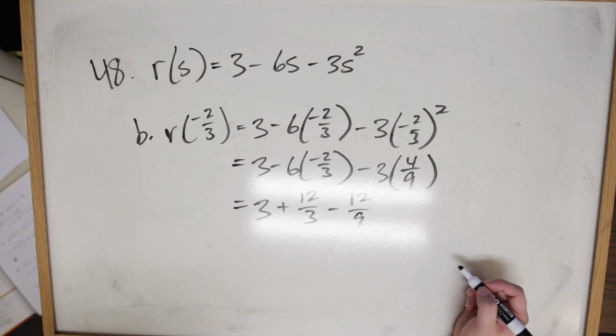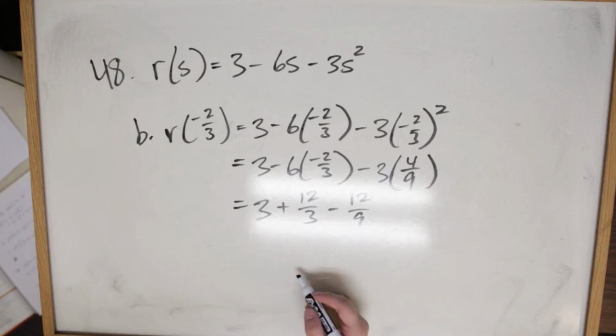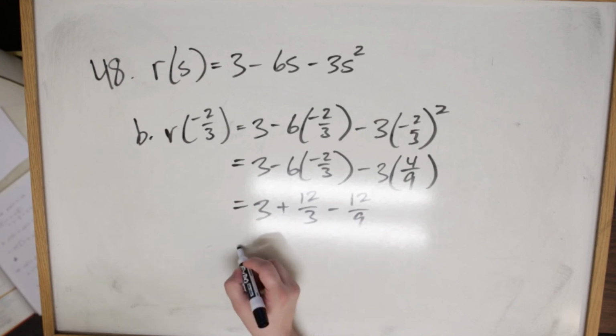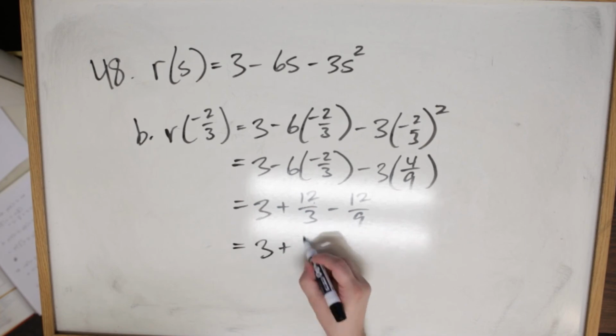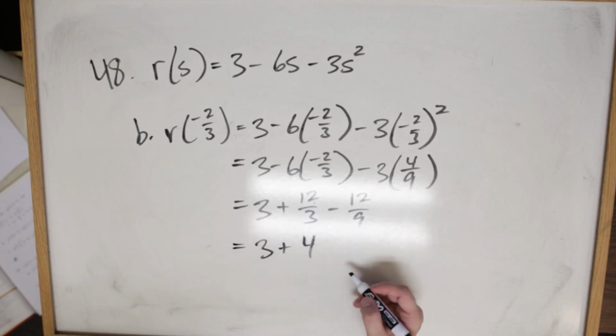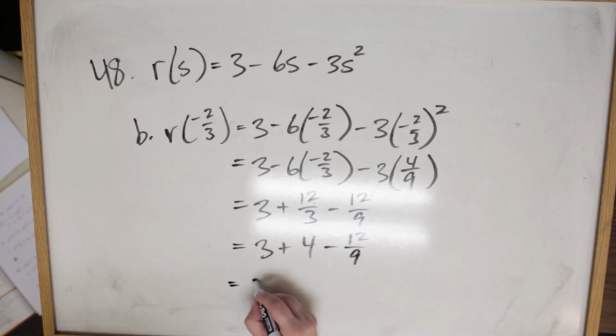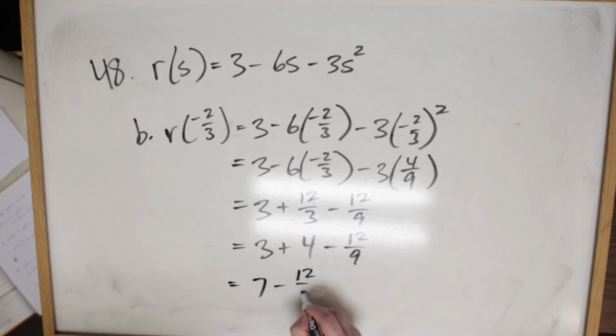Okay, but now we've got a whole bunch of fractions. Yay, we love fractions. They're amazing. What I'm going to do is, actually, we can simplify this first. Let's just do that. 3 plus 12/3 is just 4, and that makes our lives a lot easier. So this is the same thing as 7 minus 12/9.